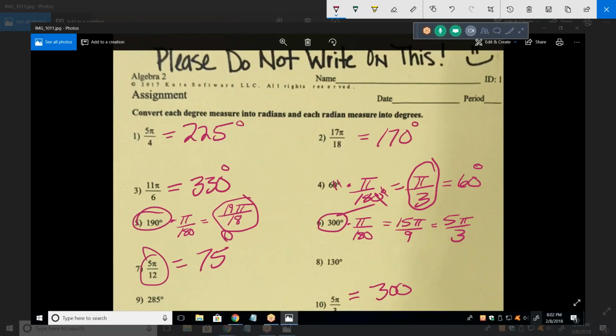I don't want to put too much emphasis on that shortcut because you can always get by using the conversion factor. Number 8. And it'd be pi over 180, so then 135, and 13 pi over 18. Yep. 13's prime, so that's not going to be simplified.